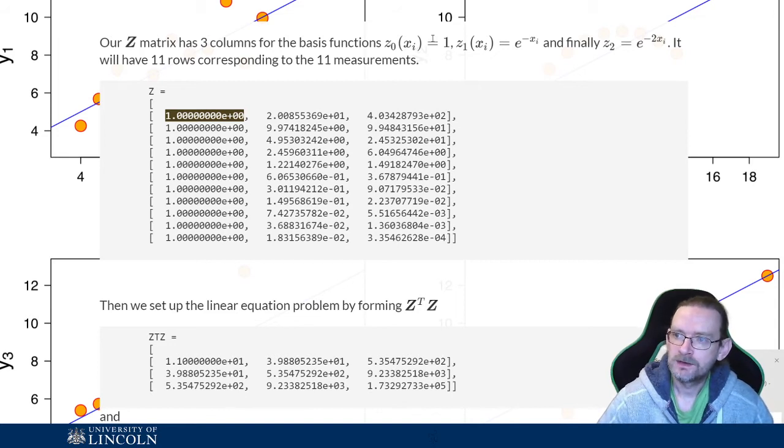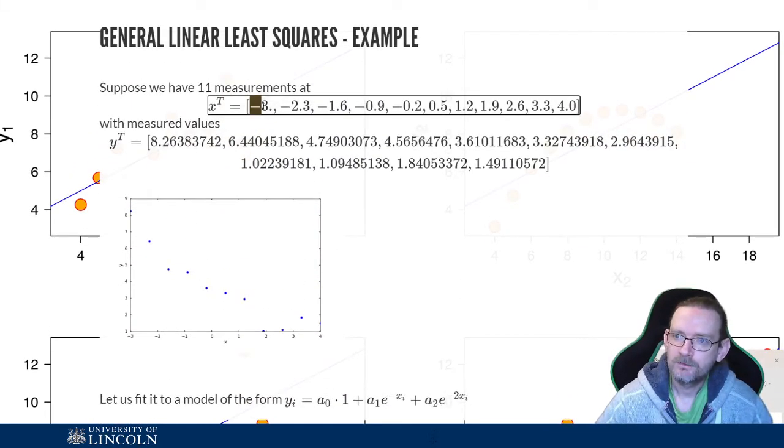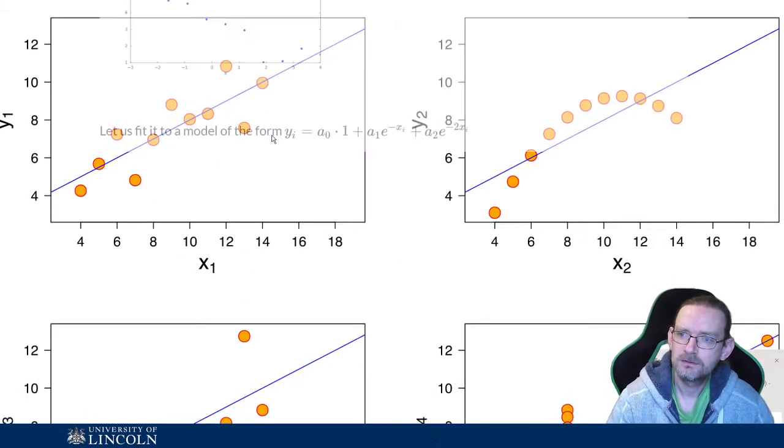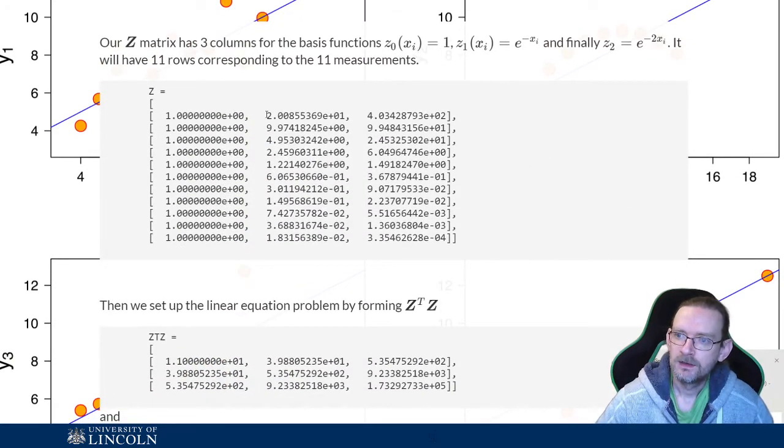Again, our first basis function is 1, so that's 1. Our second basis function is e to the minus x evaluated at our first x value, and our first x value was minus 3, so that should be e to the 3.